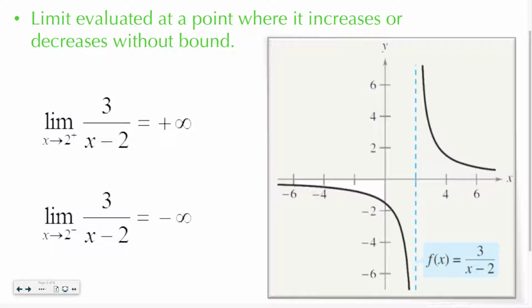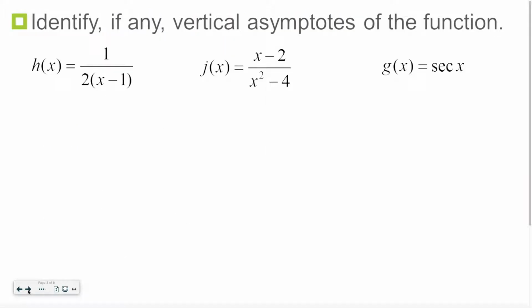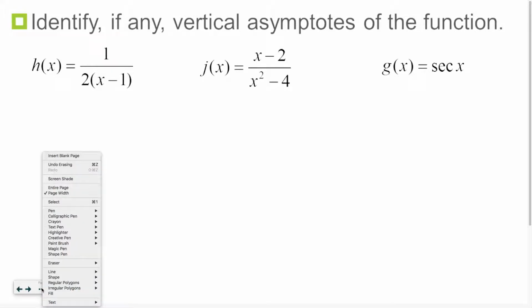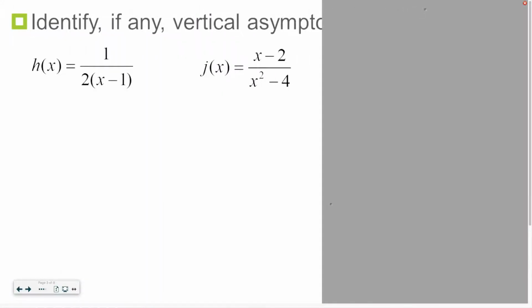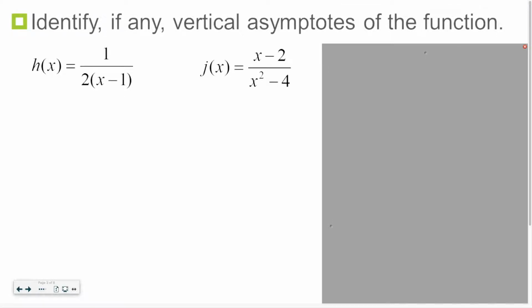So here are 3. I'm going to go ahead and only show you 2 of them. 1 minute at your table, identify for me the vertical asymptotes.